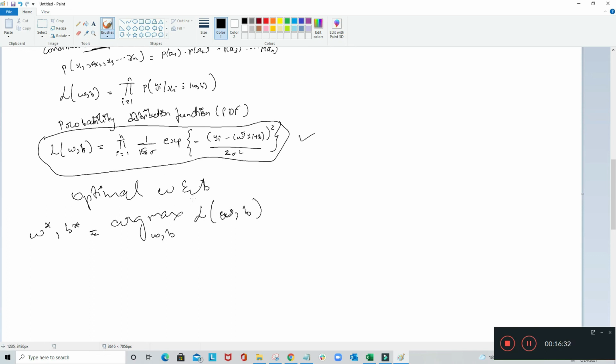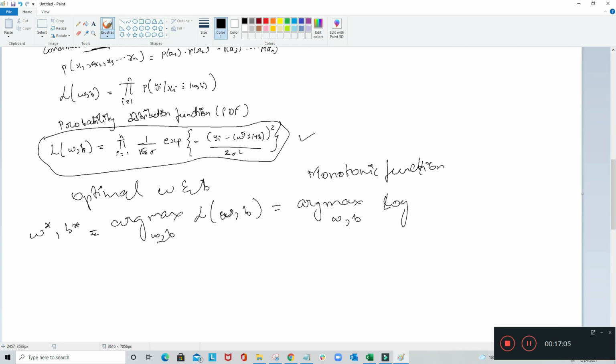Now we can convert this to a monotonic function. So how we can do is we can apply log to our likelihood equation. So this becomes argmax of W comma B log of my likelihood expression.